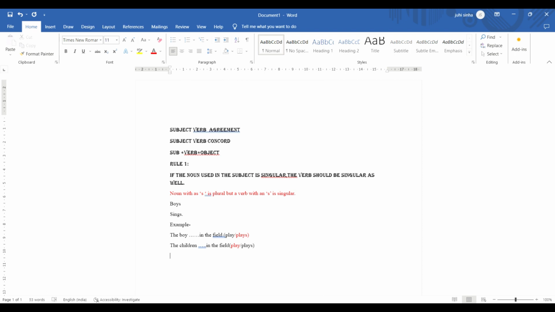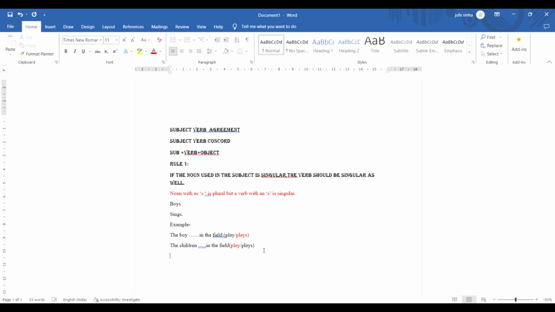Now, as a wise man has said, everything in this world has an exception. So each and every rule basically will have an exception. Now let us see what the exceptions are in this rule. Now, as I said, if the subject is singular, the verb will be singular.